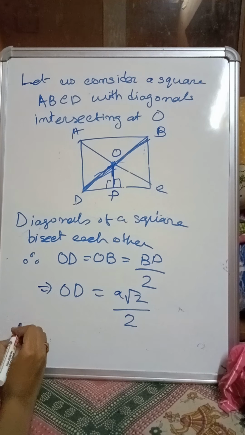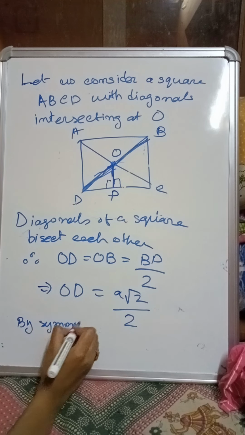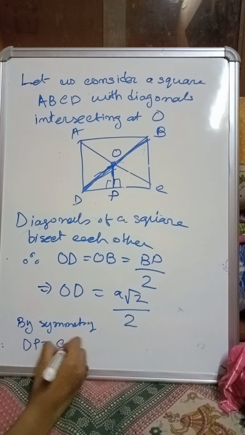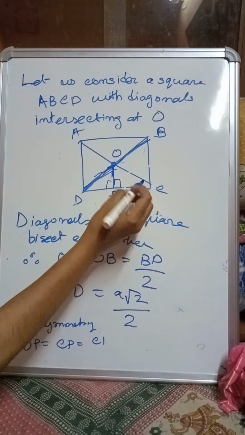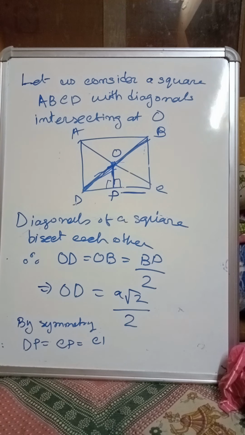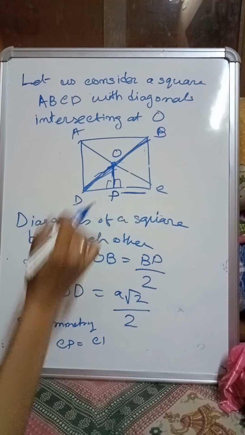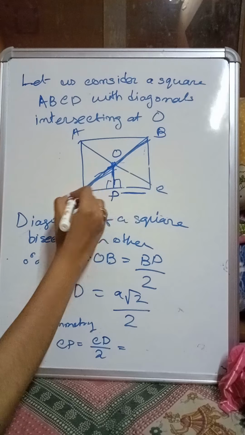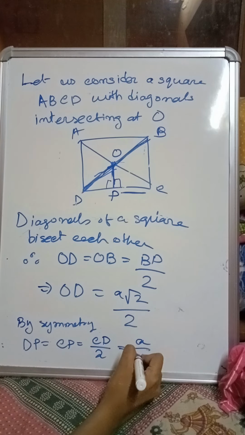So by symmetry we can write DP equals to CP equals to, what is CP? CP is half of the line CD, so we can write CD by 2. What is CD? CD is the side of the square and side of the square is a, so a by 2.